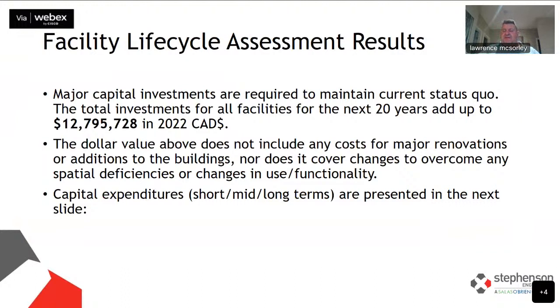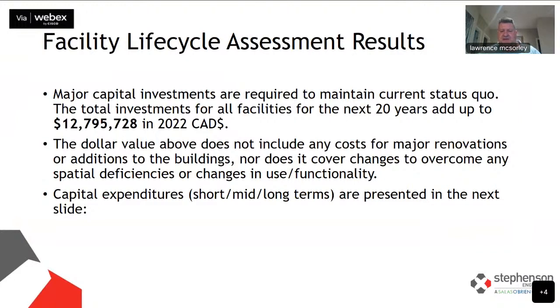So looking at these five buildings together, for the next 20 years, there's a capital need of $12,795,000 in total. And this will be a running total as we do more of your facilities. This will grow. The dollar figure does not include any costs for major renovations or additions to the buildings, and doesn't cover any changes to overcome deficiencies for space or functionality.